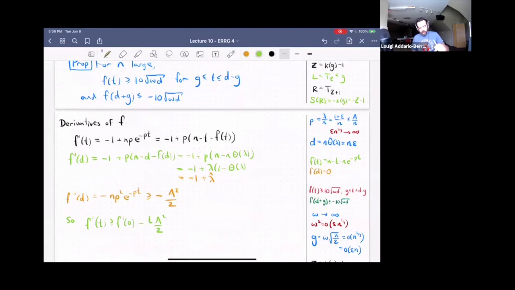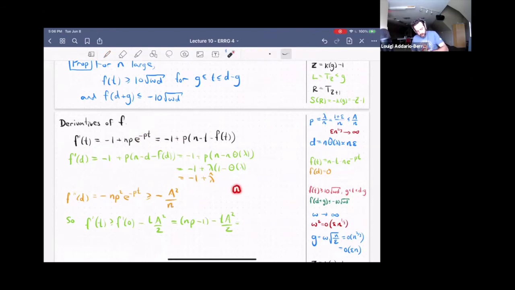Okay. Well, what's f prime at 0? It's np minus 1, right? Because at t equals 0, the e to the minus pt just gives me 1. So that's np minus 1 minus t a squared over 2, which I could write as, oh sorry, that 2 should be an n, right?